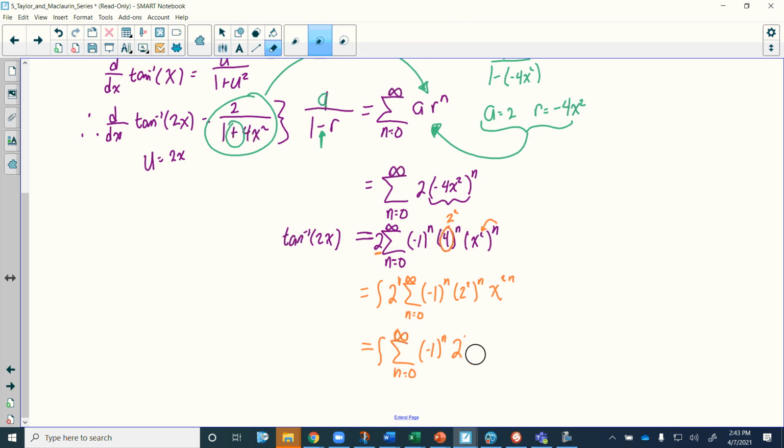Let me just clean it up. 2 to the 2n plus 1 power, times the x to the 2n power.